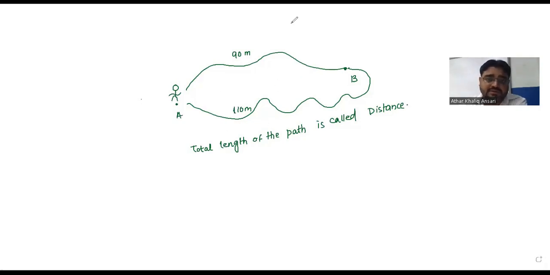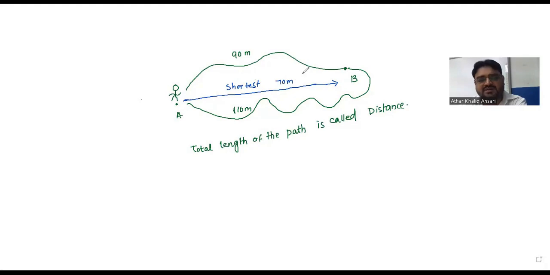But there is a third one who starts his journey from here and moves directly from A to B. So he has the shortest one, and it might be, let's say, 70 meters.